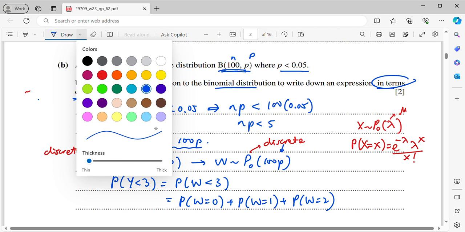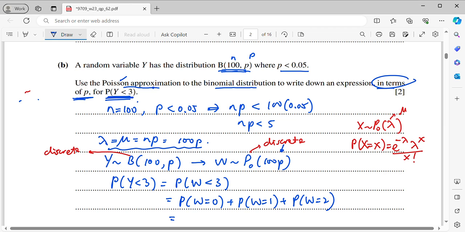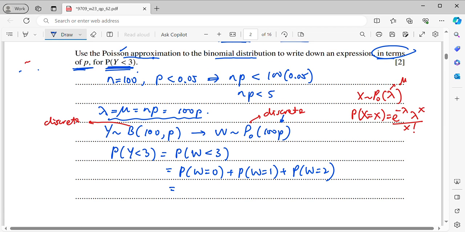Then from here, I will be getting e to the minus 100p, because my 100p is my lambda or mu. Because I know that e to the minus lambda is a constant, I factorize it, and the rest I will just change accordingly.